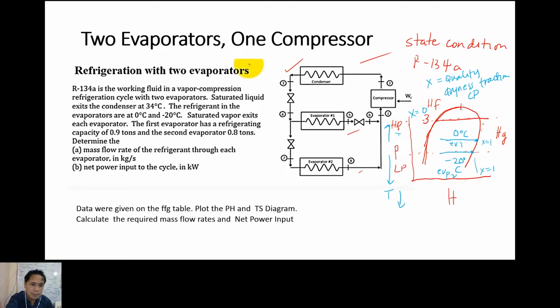When you go beyond the saturated vapor line, it becomes superheated. Meaning, the superheated region is a region where the temperature and the pressure are higher than saturated. Now, beyond saturated liquid, how do you call this region?